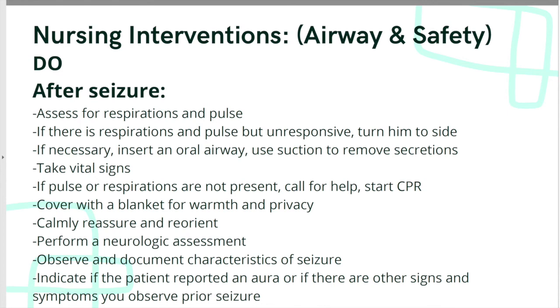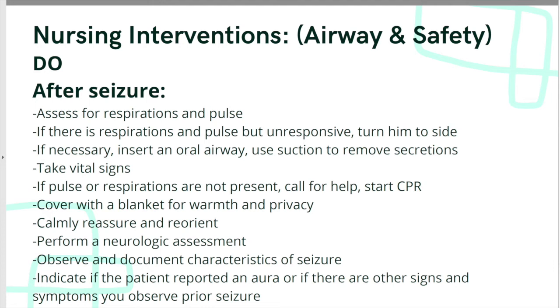Next is after seizure. After seizure, we need to assess for respirations and pulse, and if there are respirations and pulse but the patient is unresponsive, we can turn him to his side to help keep his airway patent.